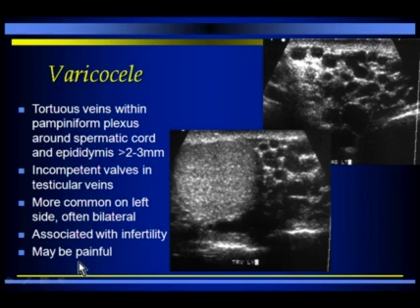Another issue is that varicoceles, when they become engorged, can actually become tender, and so a patient may present where there's pain in standing up, which is relieved by laying back down, and the pain gets worse with standing and is clearly associated with some dilatation of some venous structures in the scrotum. So varicoceles may be treated for either of those two reasons.